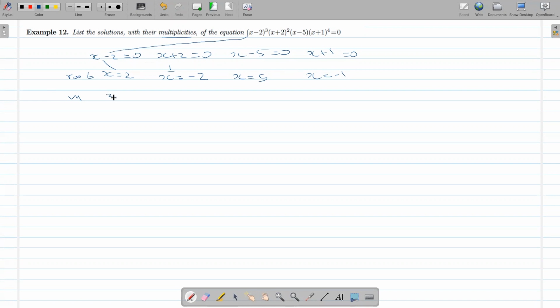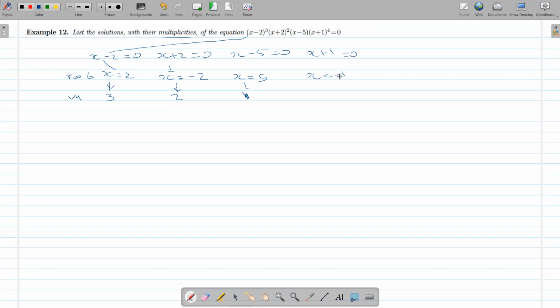So the multiplicity of this x equals 2 root is 3. Multiplicity of x equals minus 2 root is what? 2. Okay, because it is given by x plus 2 and I have it squared here. And the multiplicity of x equals 5 given by x minus 5, its power is 1. So here it is 1.